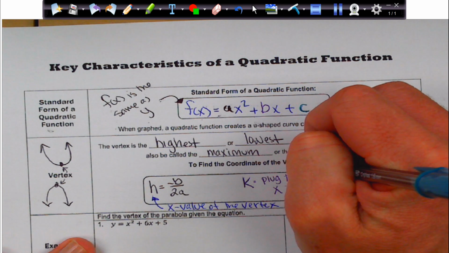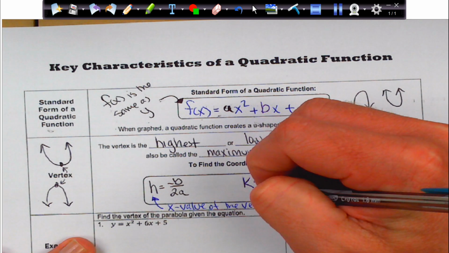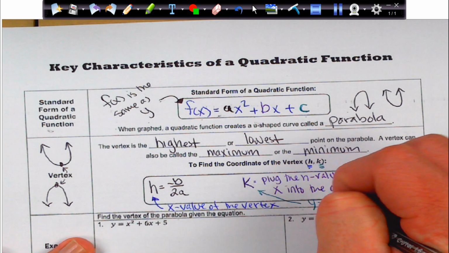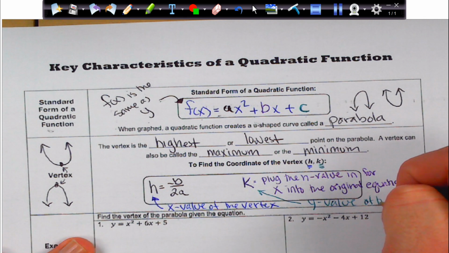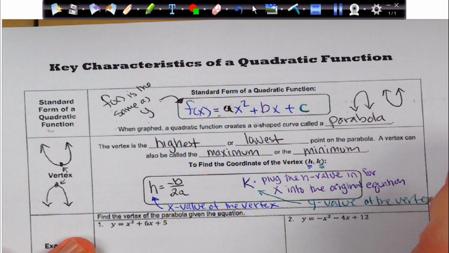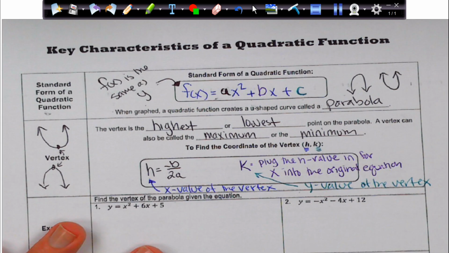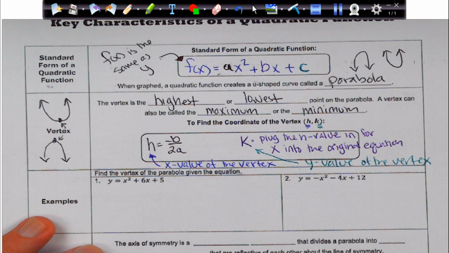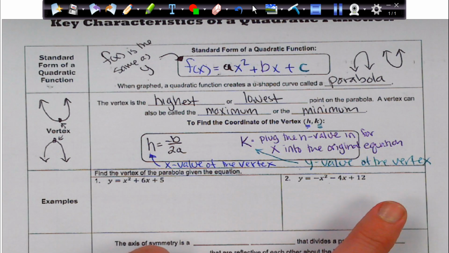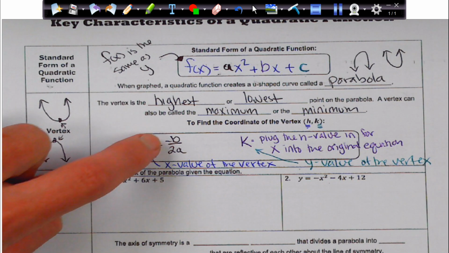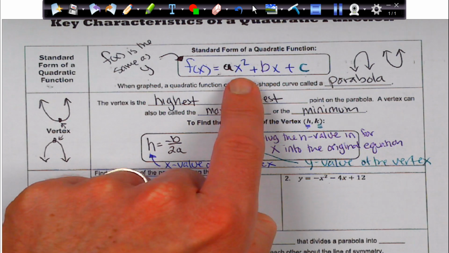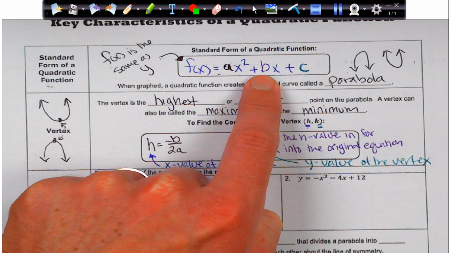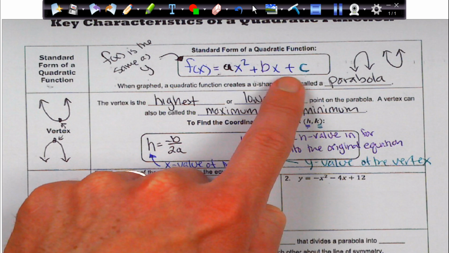Again, that k right here is the y value of the vertex. Okay, so we're going to do 2 little examples. Again, I see negative b over 2a, and I know where my a value, my b, and my c value are given my standard form of a quadratic.